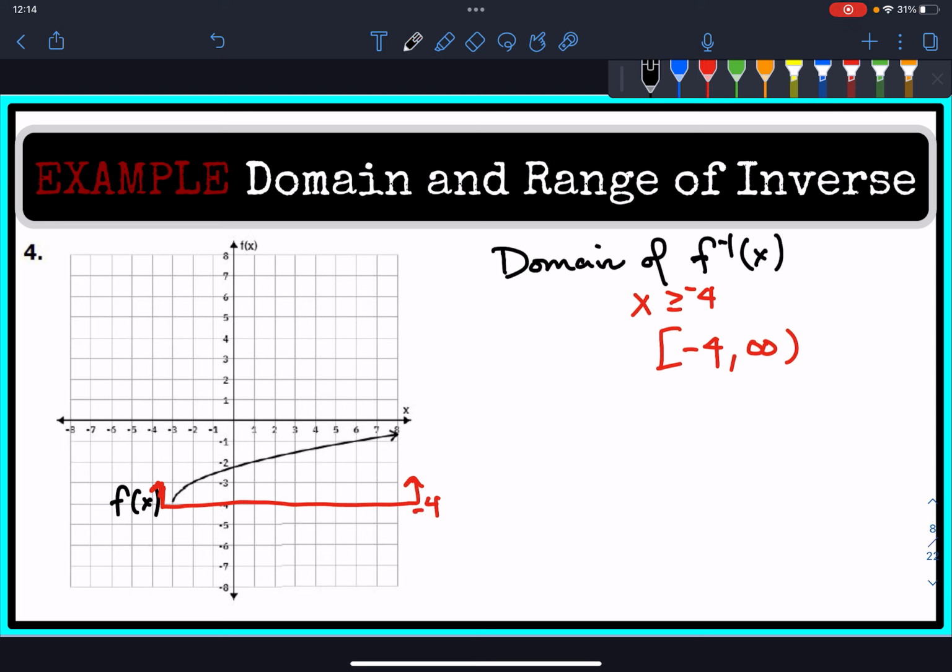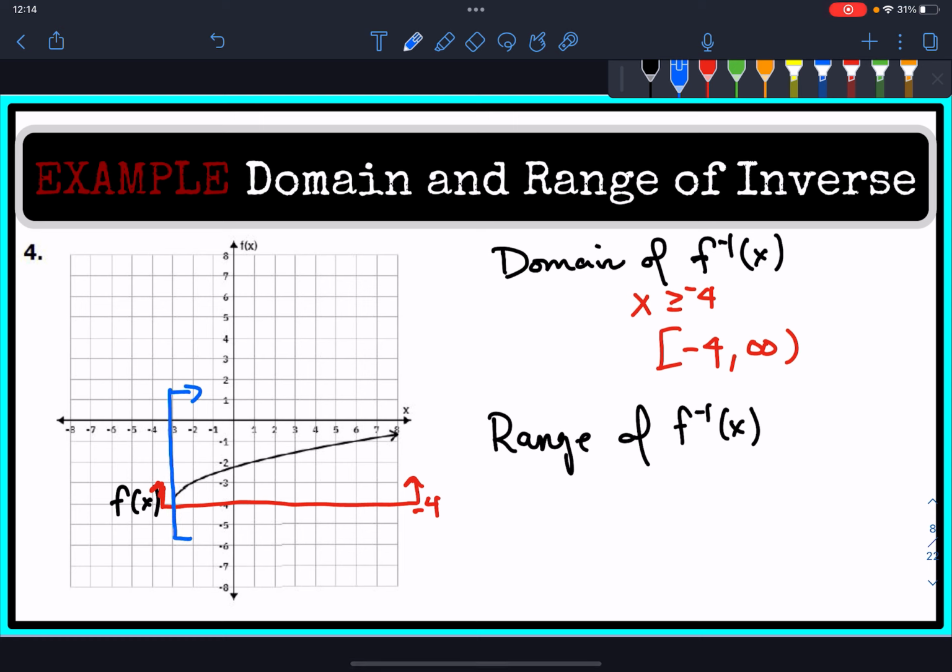Now, the range of the inverse is the domain of this function here. So the domain of this exists to the right of -3, and there is no boundary on the far right. So -3 is the farthest left that it goes, but it's going to keep on going towards positive infinity.